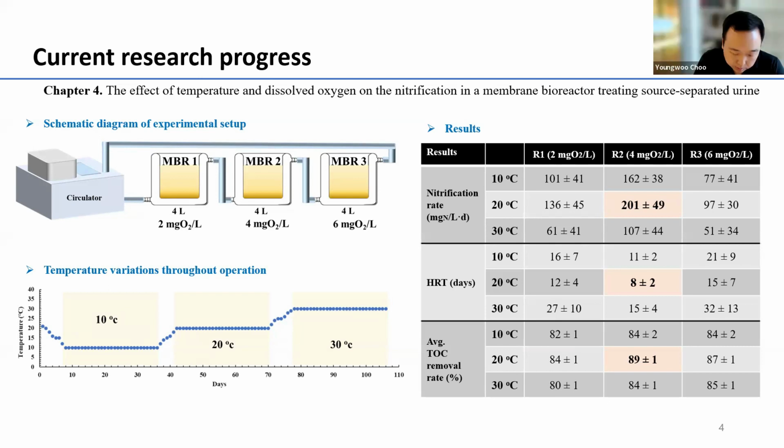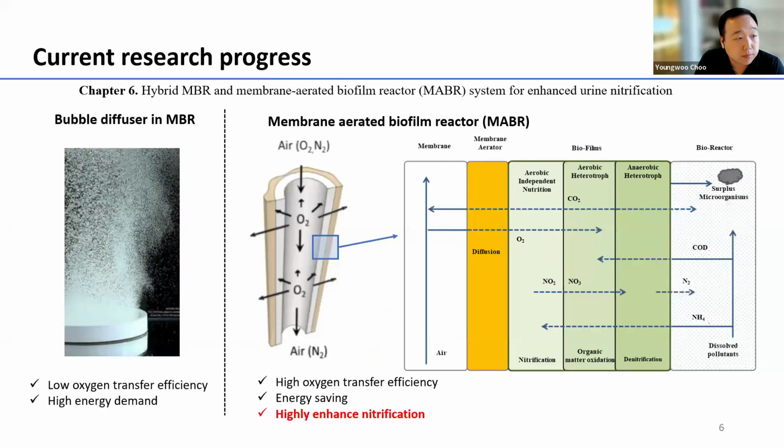Regarding chapter 6, you are trying to aerate the solution. My question is, you also already studied dissolved oxygen, so what's the fundamental difference between aerating and changing your dissolved oxygen concentration?